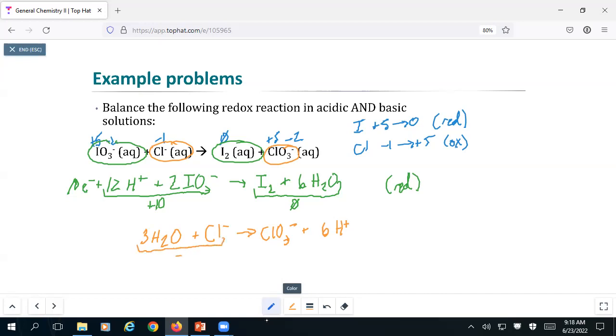I've got a -1 on this side versus a +5 on this side. I need to add electrons to the more positive side. How many electrons does it take to turn 5 into -1? That'd be 6. So 6 electrons get added here.